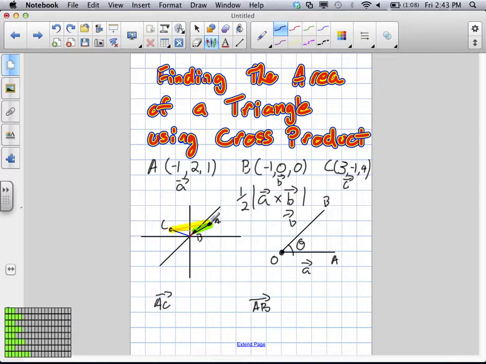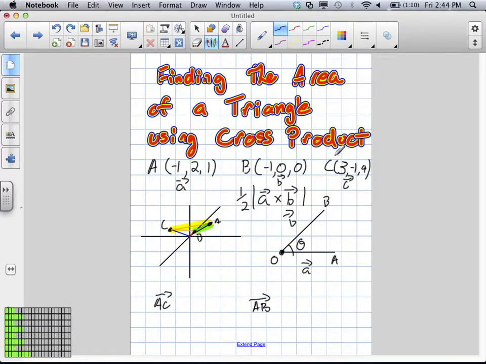In order to figure out vector AC itself, we need to subtract the coordinates of A from the coordinates of, well, in this case, they did B first. AB, we'll do AC first. So we take our x2 minus x1, y2 minus y1, and in this case, z2 minus z1 to find out the magnitude or the distance of those lines.